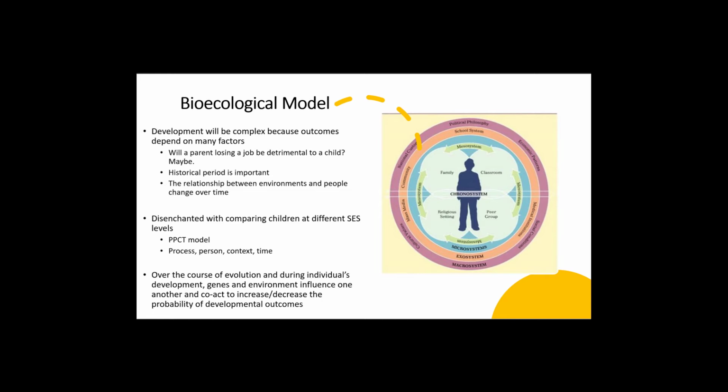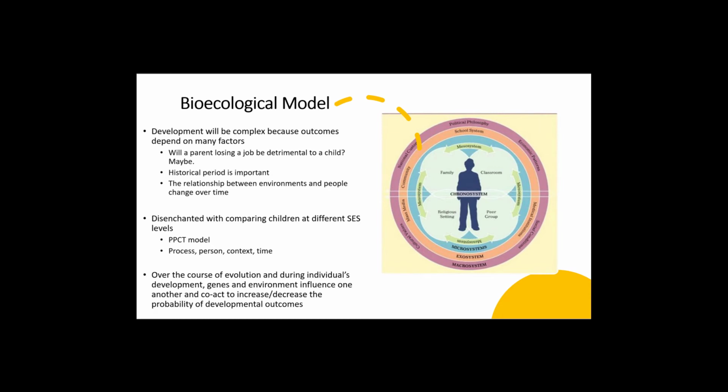So again, the idea here is that through this complex interaction between all these different levels and individuals acting within those levels, they can change the law, they can change their family environments, they can change their neighborhoods. Through that kind of mutual dynamic process, probabilities of developmental outcomes occur.